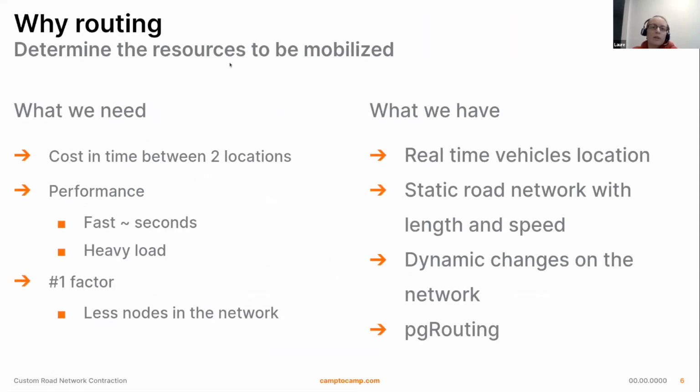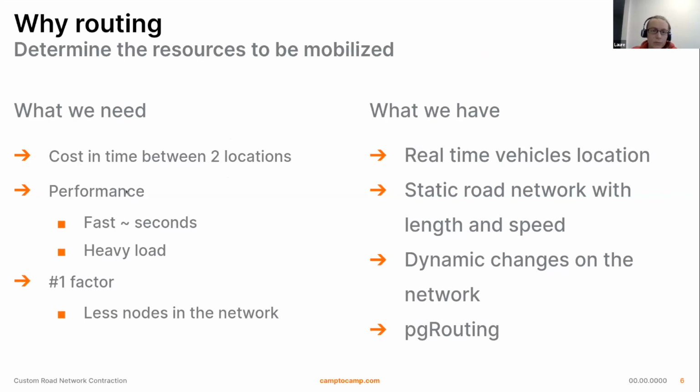So we're going to talk about routing. And why routing? Because what we need is to compute the cost in time between two locations: the location of the call, the alert, and the locations of the vehicles and agents that can go there and help the person who called.